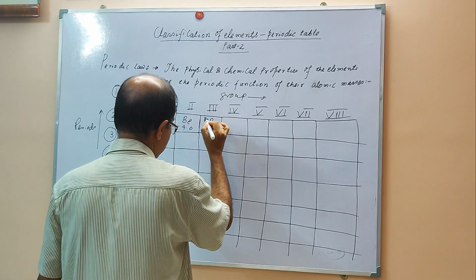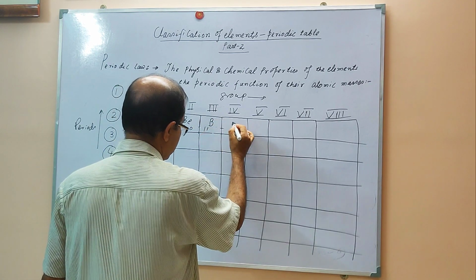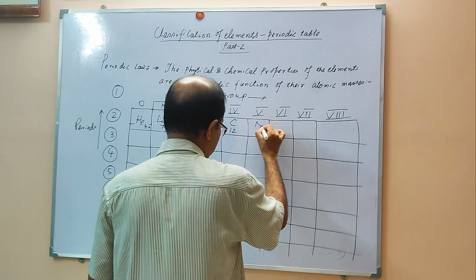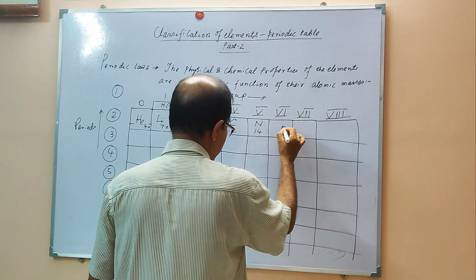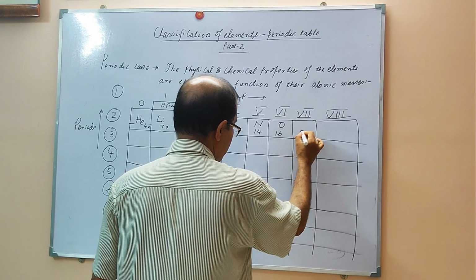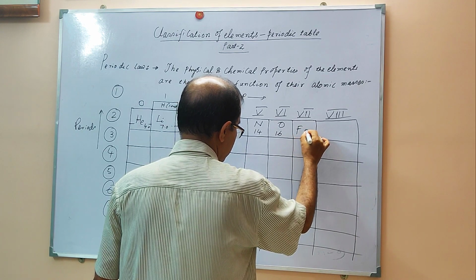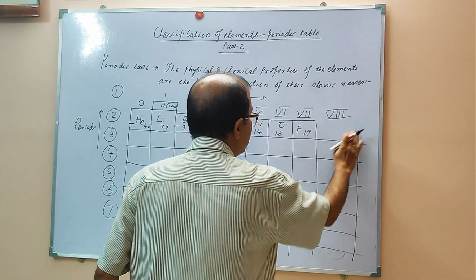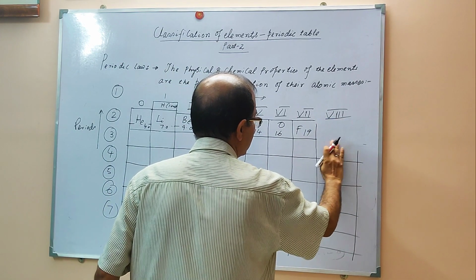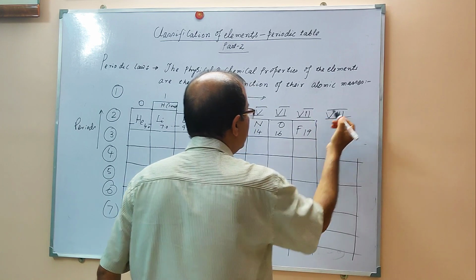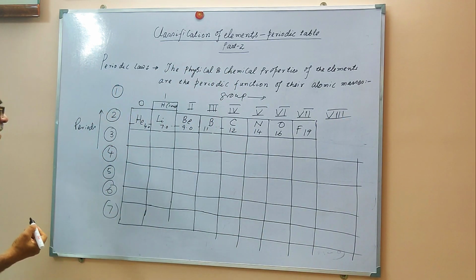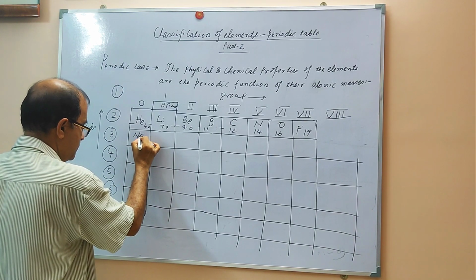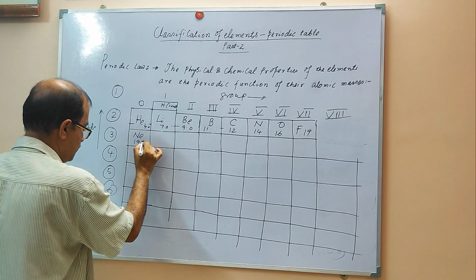Then boron, 11. Then carbon 12, nitrogen 14, oxygen 16, fluorine 19. Here there is no element in group 8. Again we start here from neon, with atomic mass 19.5.